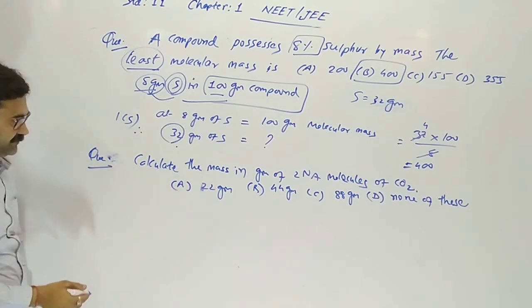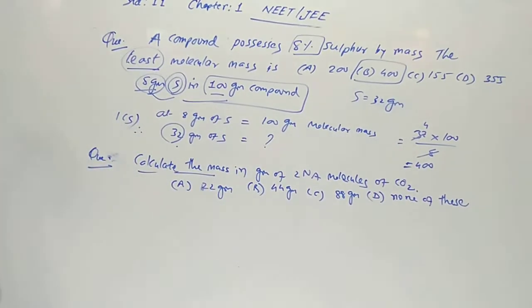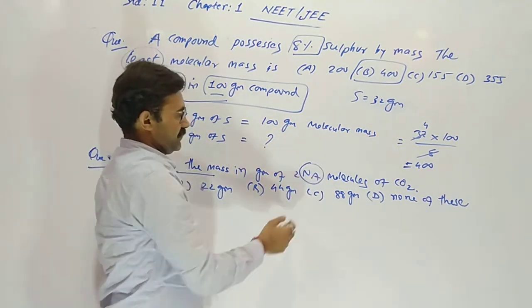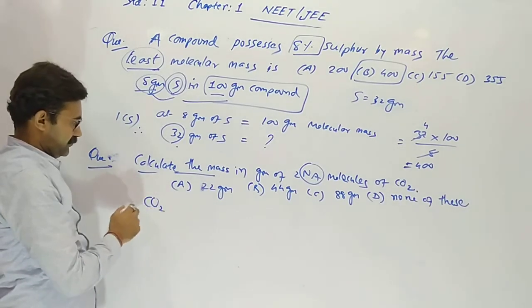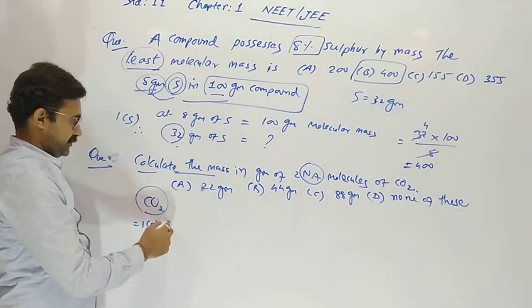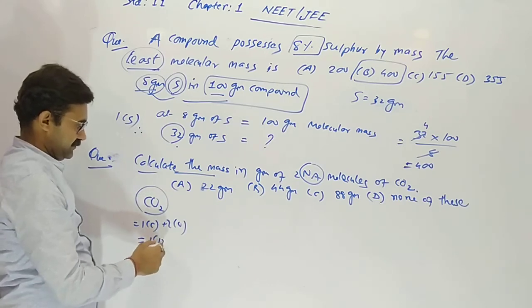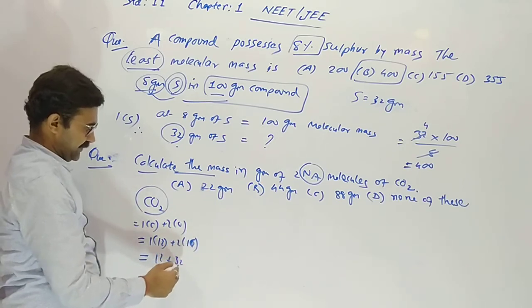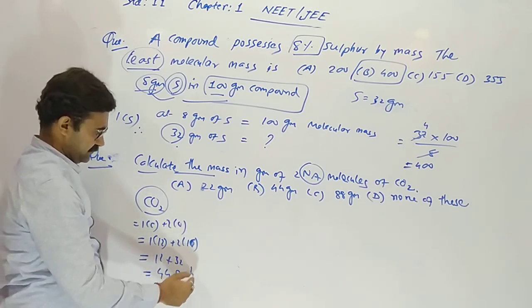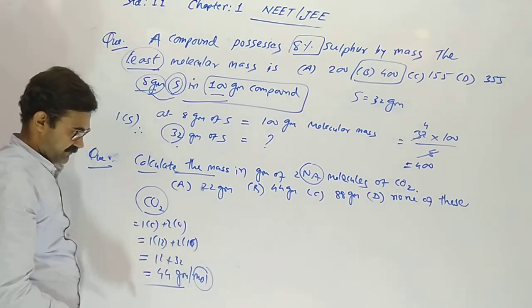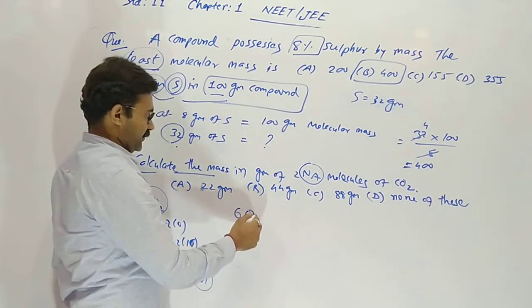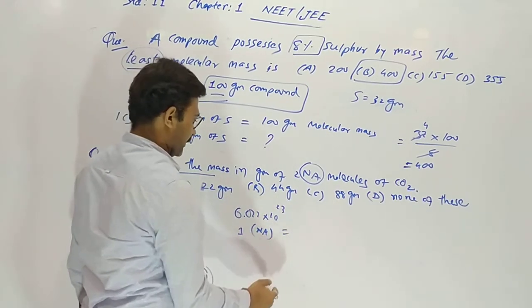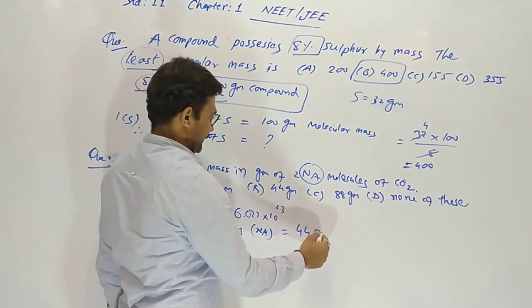So 400. Now the last question of the day. Calculate the mass in gram of 2 Avogadro number molecules of CO2. The molecular mass of CO2: 1 carbon, 2 oxygen, so 12 plus 32, 44 per mole. Per mole means 6.022 into 10 raised to 23, 1 Avogadro number equals 44 gram.